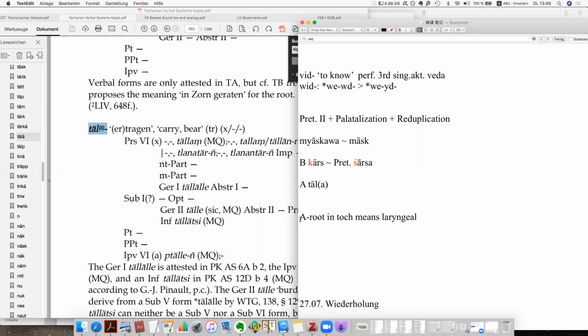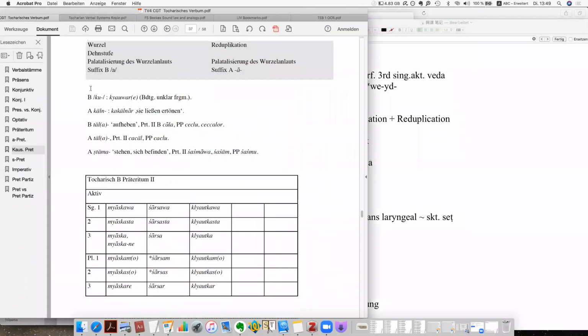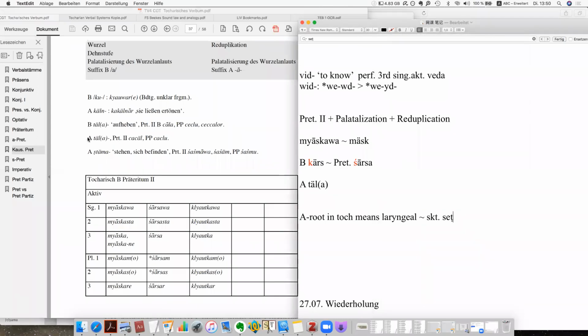So it means laryngeal. So if there is a root, A root, here, it means that it's a laryngeal at the end. So it just corresponds to Sanskrit set. So it corresponds to Sanskrit set root. Okay, so let's move back to this class. So you find it for ter, right?